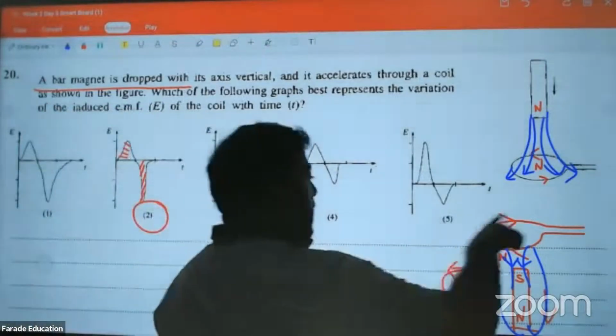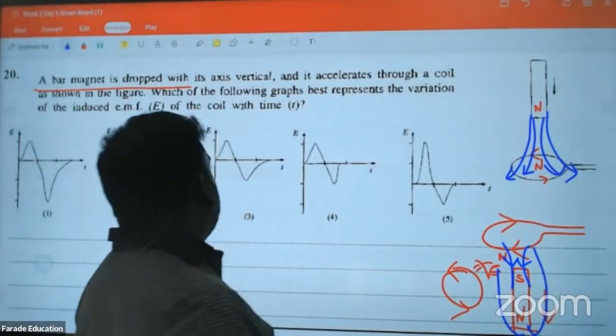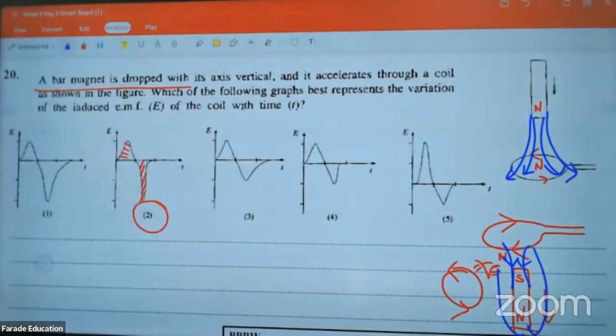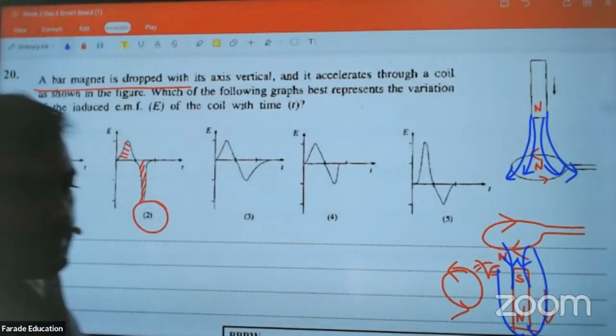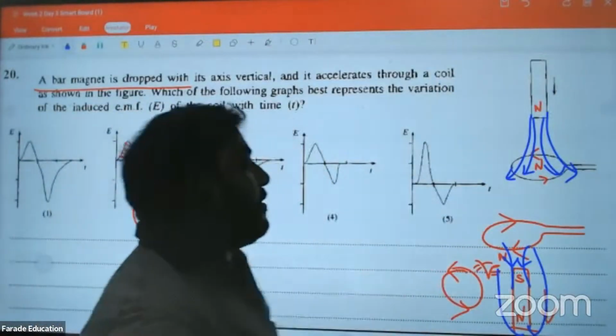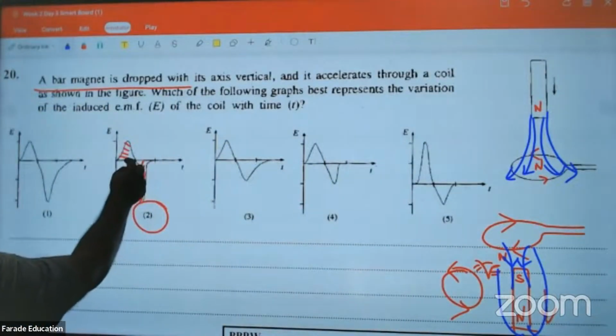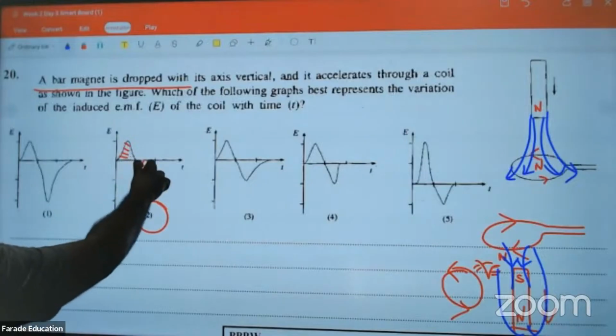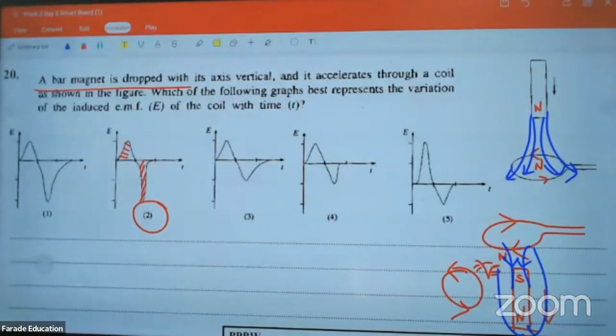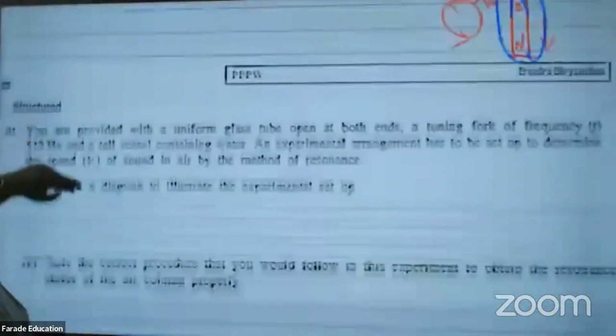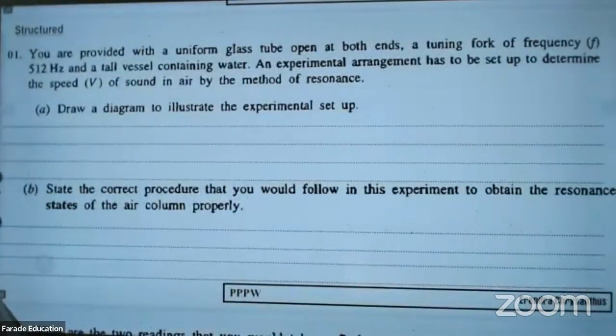This will cause current to go in the opposite direction. Because it's traveling very fast, the EMF will be larger. Okay, EMF will be larger. Right.